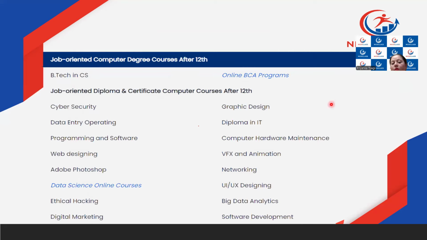Now you can see here job-oriented computer degree courses after 12th: online BCA program, cyber security, data entry, web designing, Adobe Photoshop, data science online courses, ethical hacking, digital marketing, big data analytics, software development, networking, VFX animation, UI, UX, computer hardware maintenance, diploma in IT, and graphic designing.